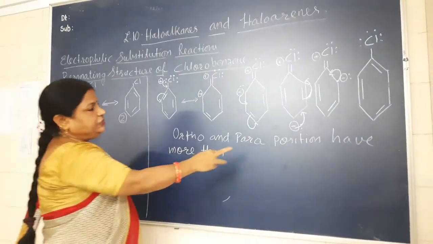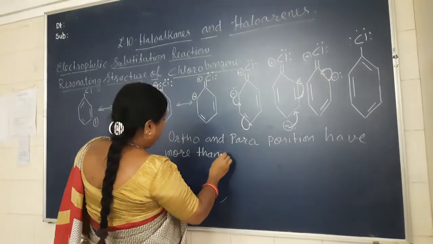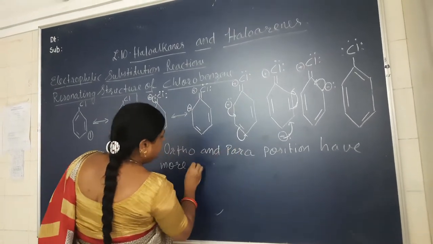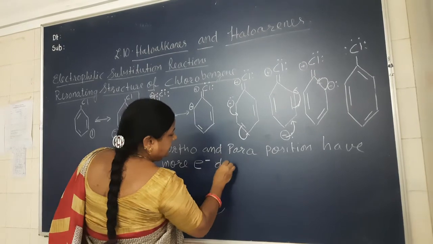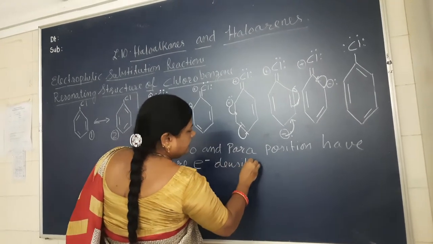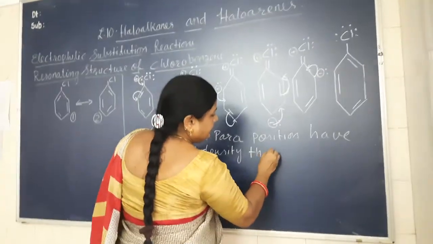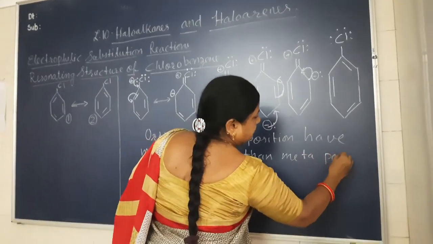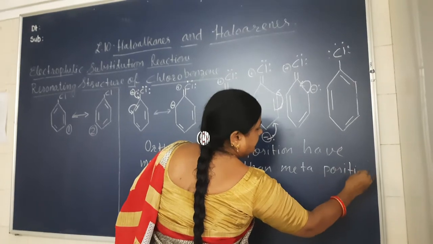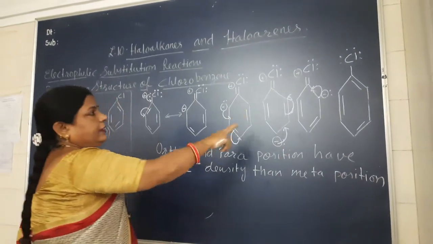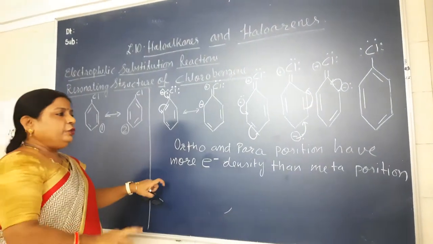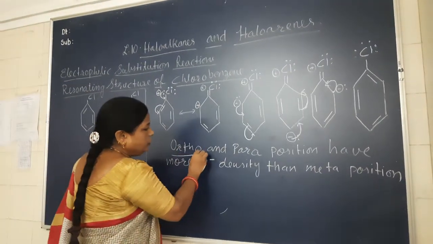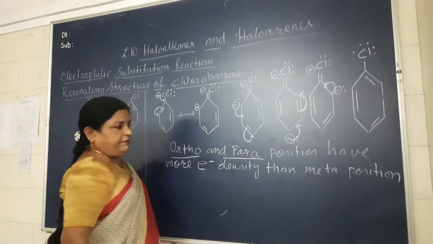Ortho and para positions have more electron density than the meta position. So haloarenes have an ortho and para directing effect.